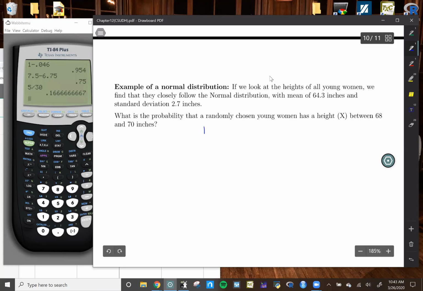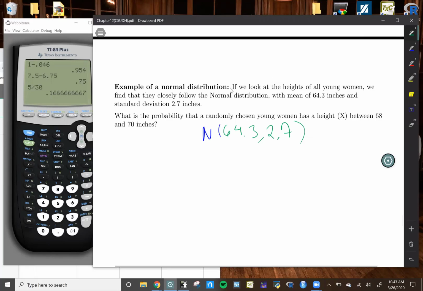So this is telling us N is 64.3 and standard deviation 2.7. So that means this is mu, this is sigma. Everybody go with that mu and that sigma?